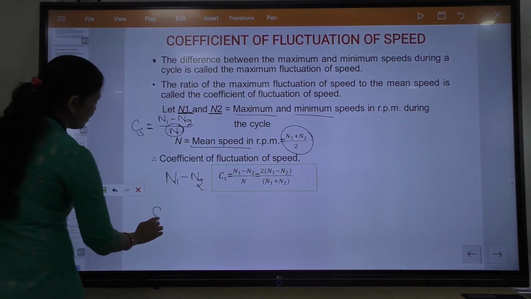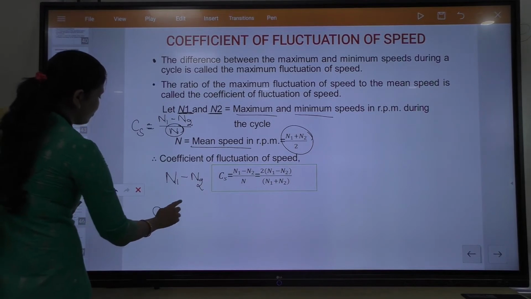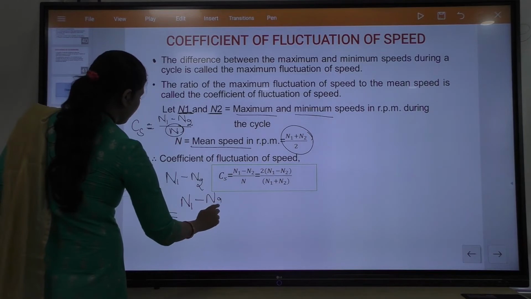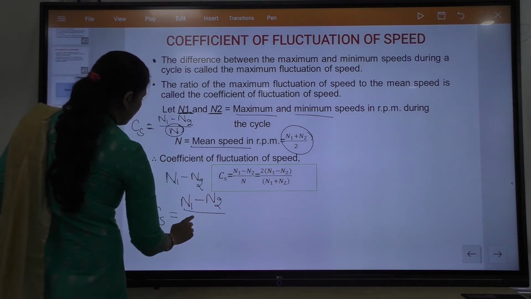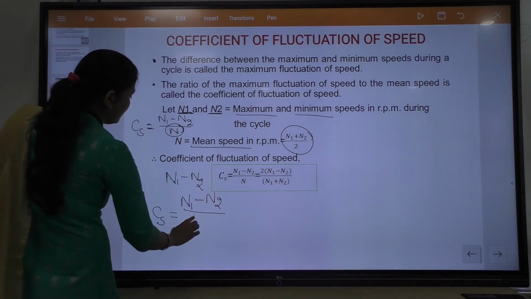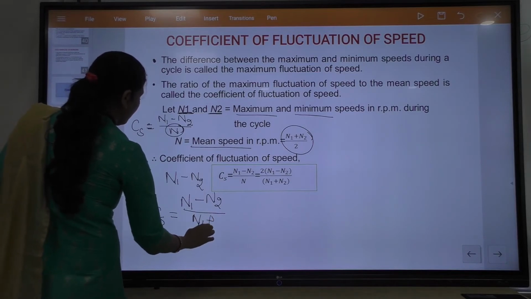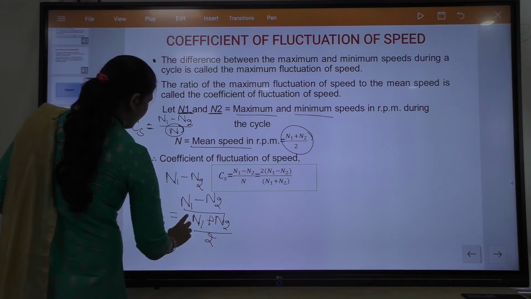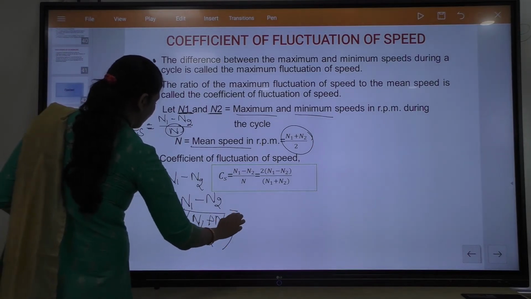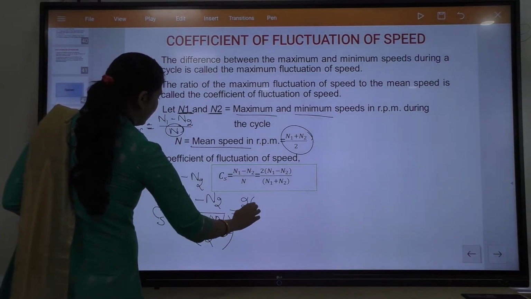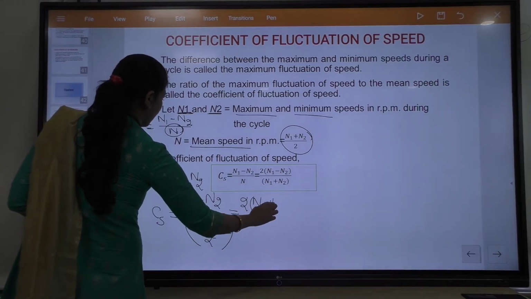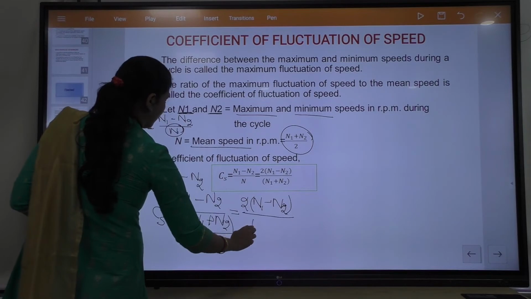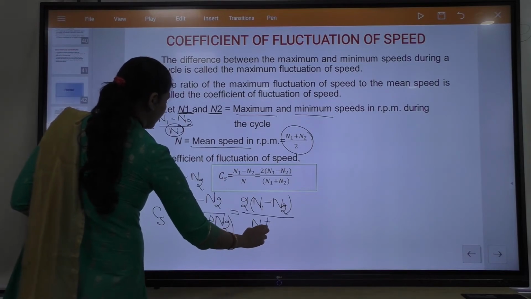So, coefficient of fluctuation of speed equals to difference between maximum speed and minimum speed to the mean speed, or in place of mean speed we can write N1 plus N2 divided by 2. So, this is equals to 2 into N1 minus N2 divided by N1 plus N2.